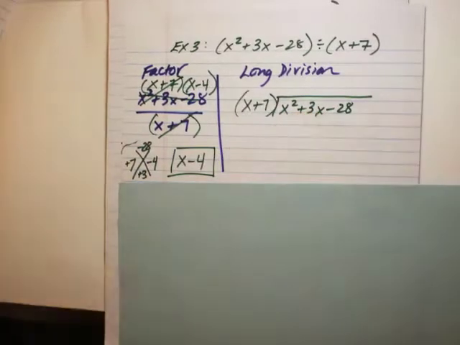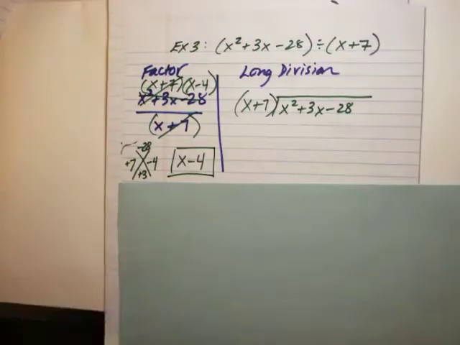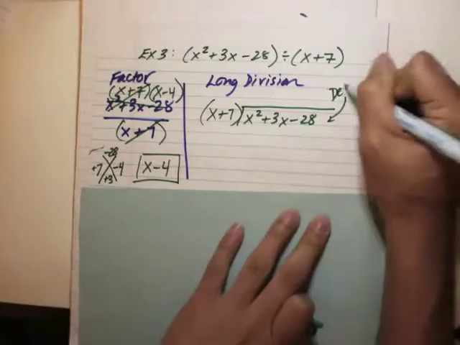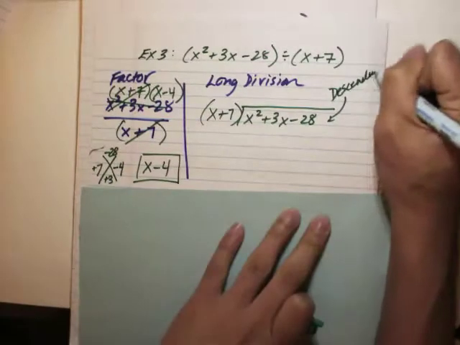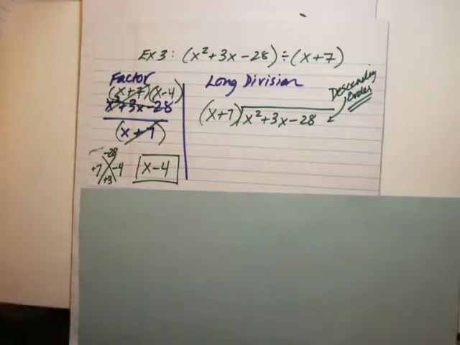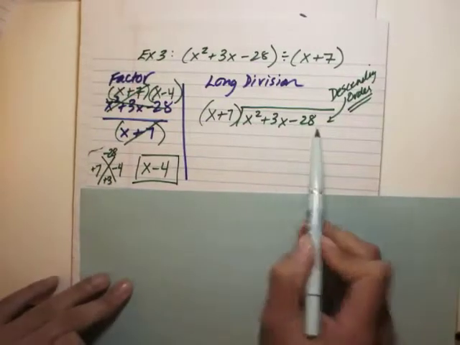I always like to put that in parentheses. Make sure that what you have inside is in descending order. You do want that in descending order. So I'm just going to write a note. Descending order. So it is in descending order. You have x squared, x to the first, and then x to the 0.